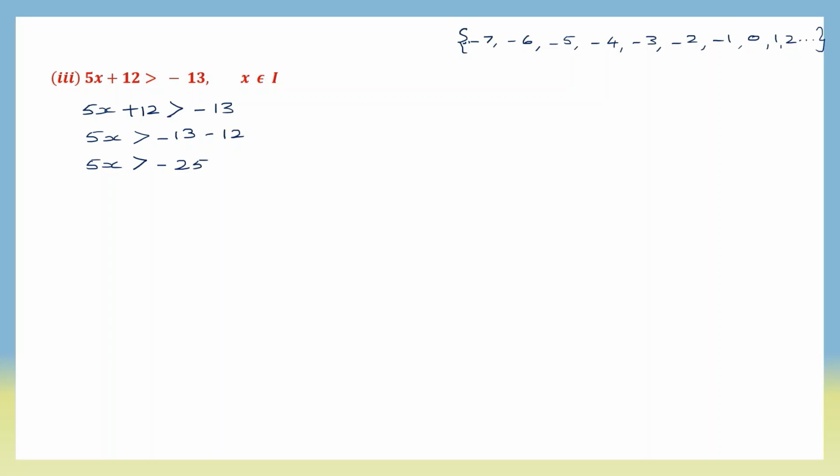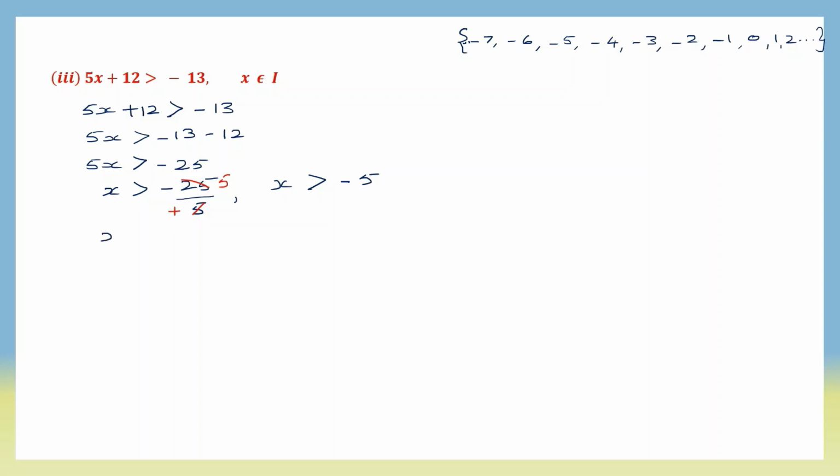So 5x is greater than minus 25, then x is greater than minus 25 divided by 5. Minus into plus is minus first, and then we can cancel 5 and 25. 5 5s are 25. So x is greater than minus 5.